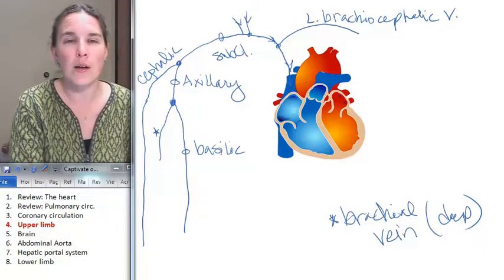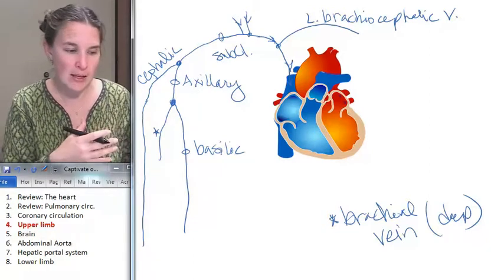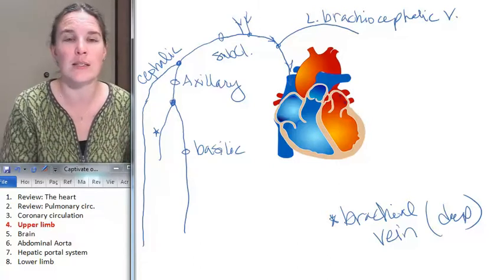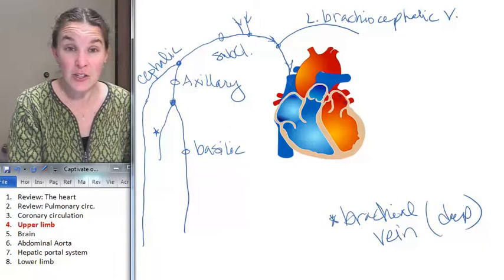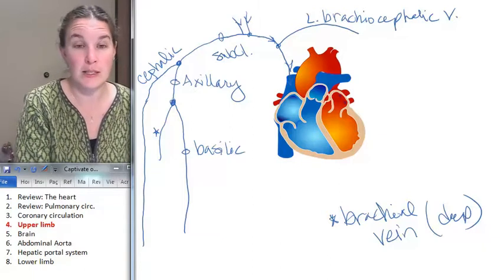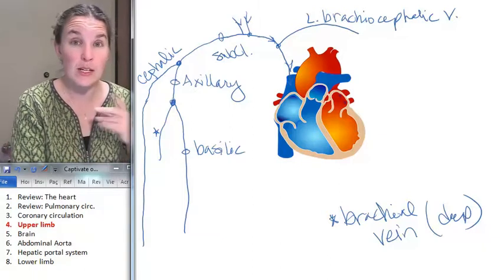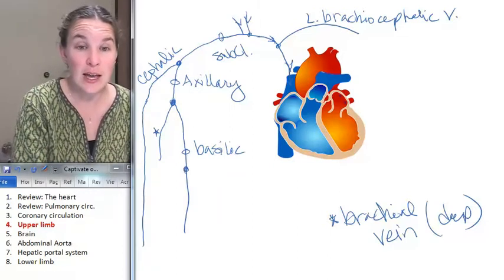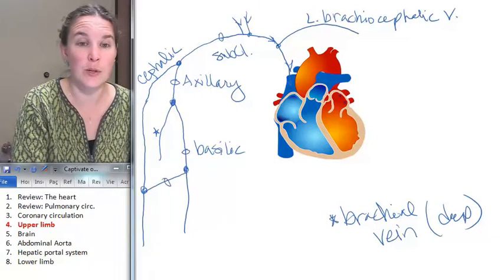What one person has is totally different than what somebody else has. And we can talk about this in a second, but there is a superficial vein that connects basilic and cephalic. And this one is called median cubital.